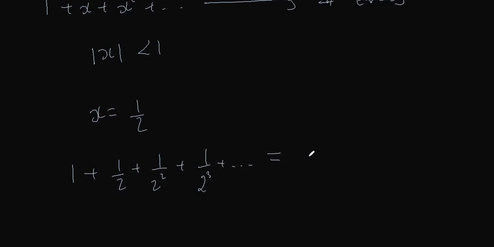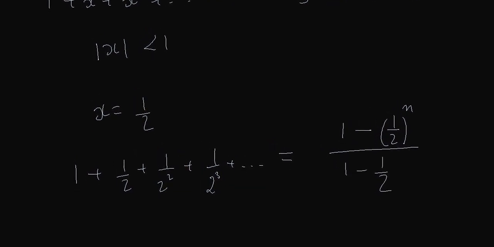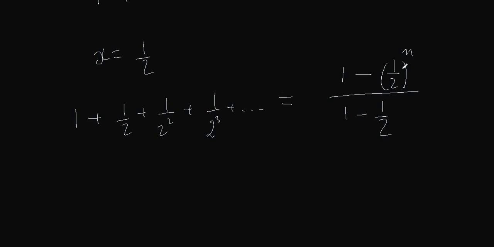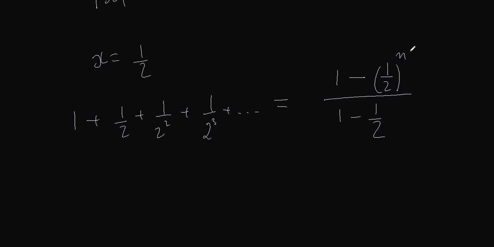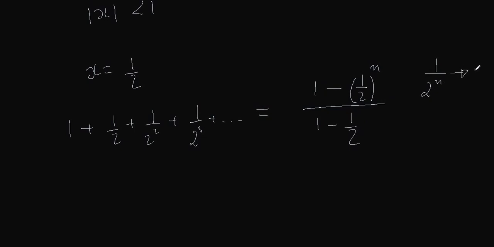This is going to be equal to 1 minus a half to the n, over 1 minus a half on the bottom. And because n is infinite, here's the key fact: 1 over 2 to the n goes to 0 as n goes to infinity.